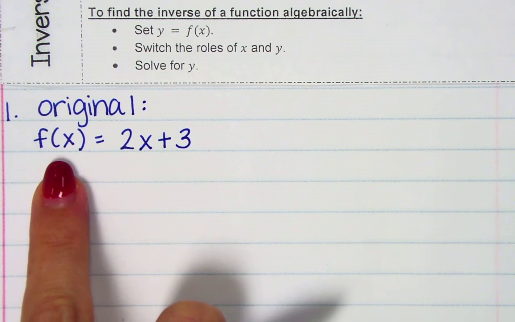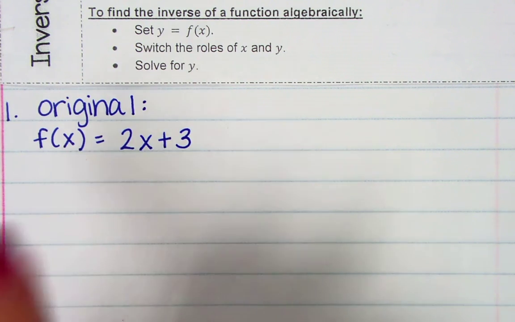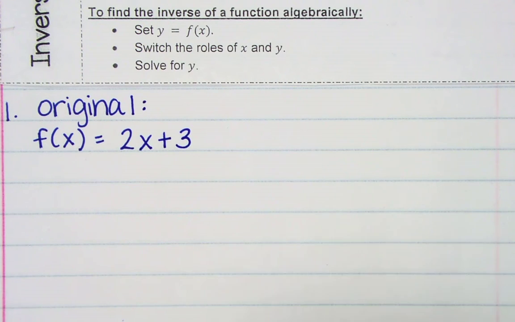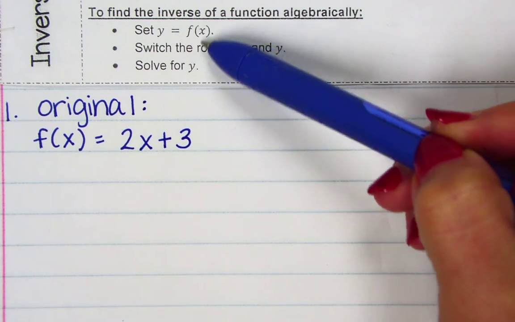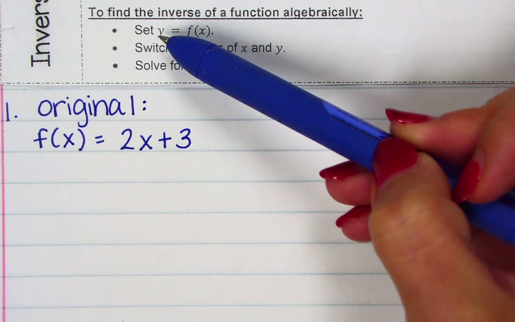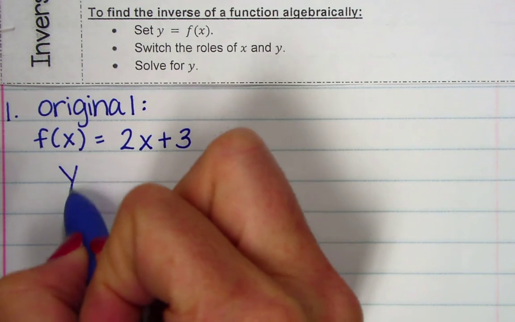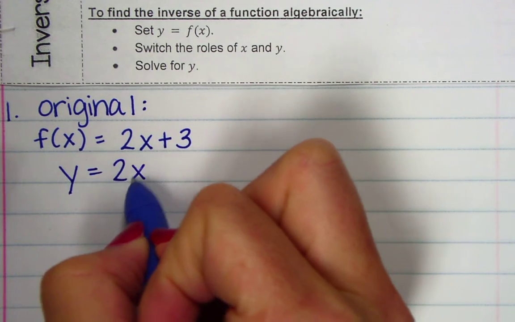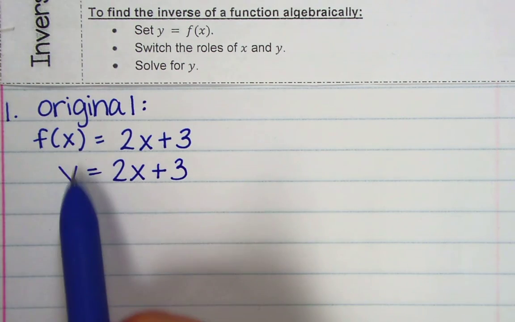The original is always going to be f of x. First we're going to find the equation of the inverse by doing these steps. First we're going to make y equals f of x. So instead of f of x, we're going to plug in y there. Every time you're going to do these same steps. Change the f of x to y.